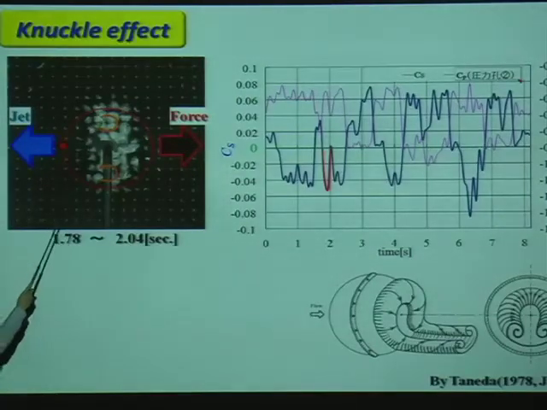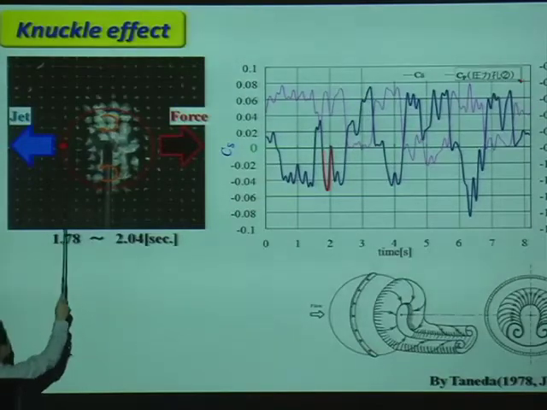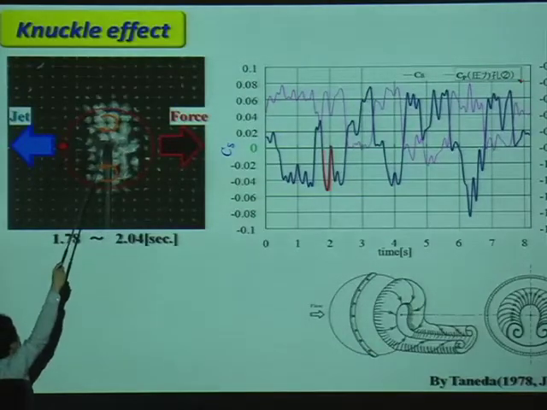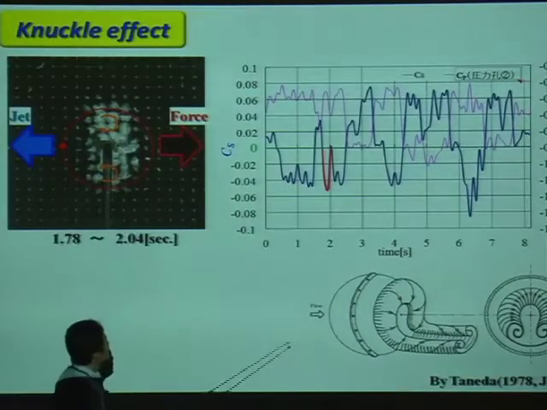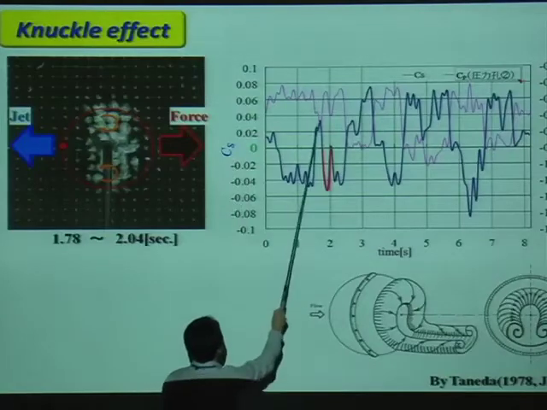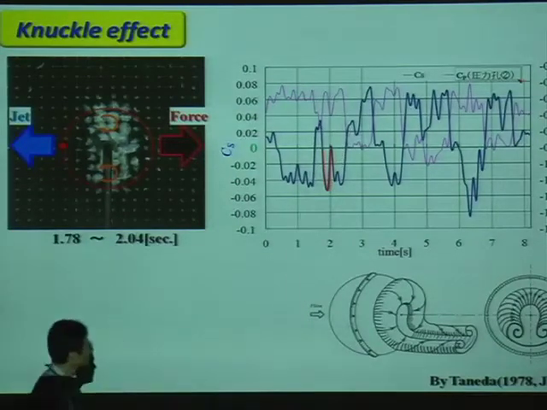And this pair of vortices rotates around the wind axis. That's why the side force has positive and negative values.